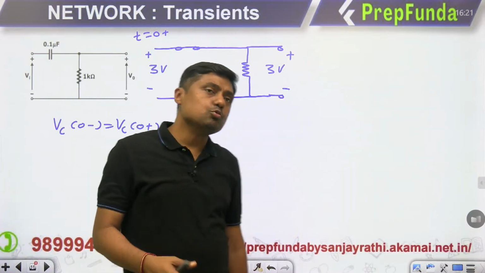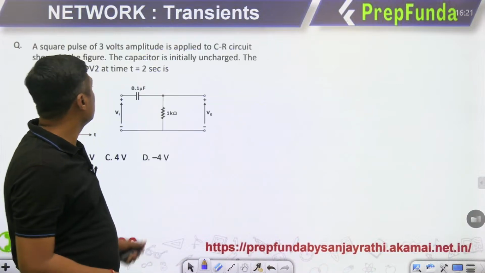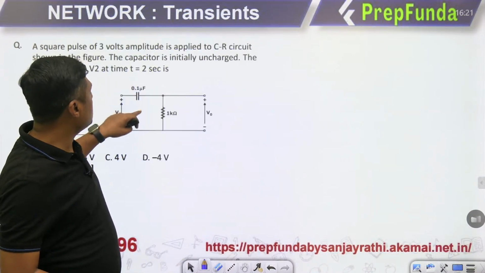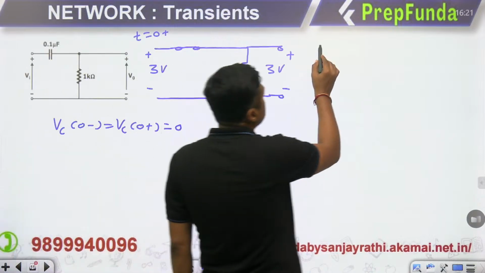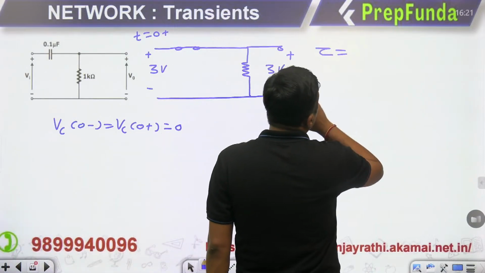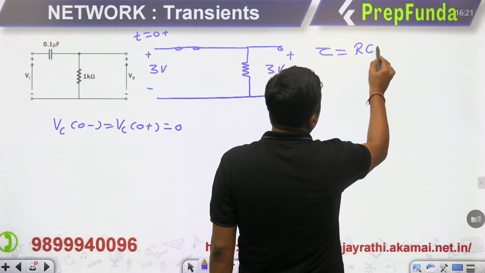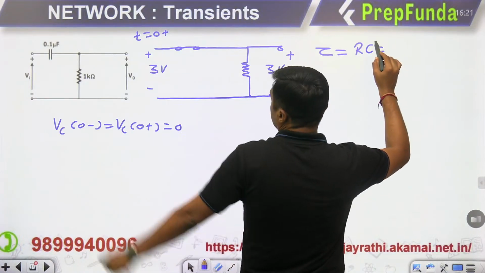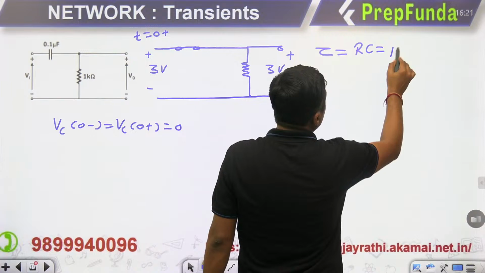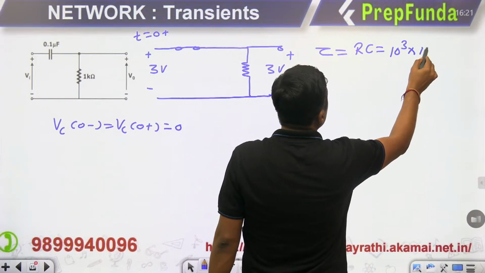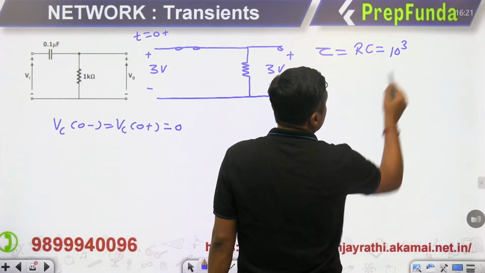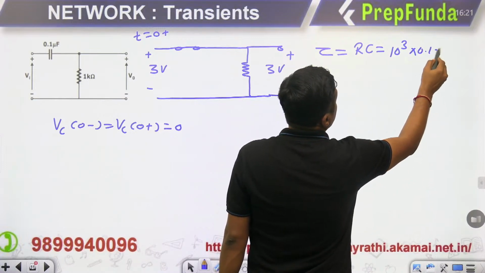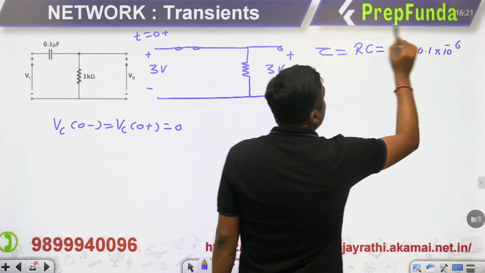Now what is the time constant of the circuit? The resistance is 1 kilo ohm and the capacitance is 0.1 microfarad, so you can find the time constant of the circuit. Time constant is RC. So 1 kilo ohm is 10 to the power 3, into 0.1 into 10 to the power minus 6, right?